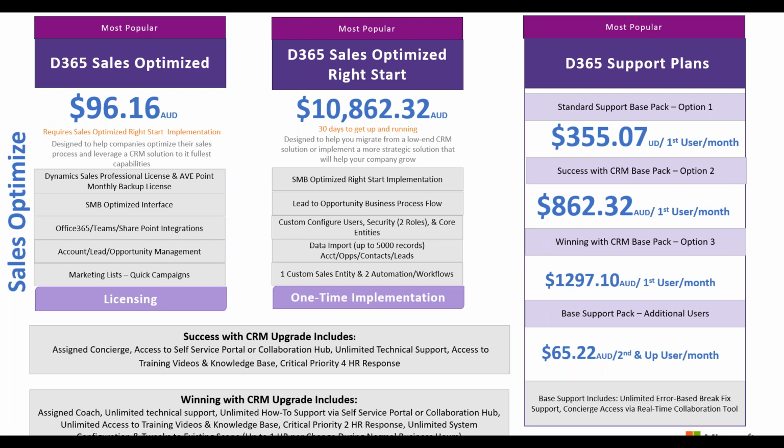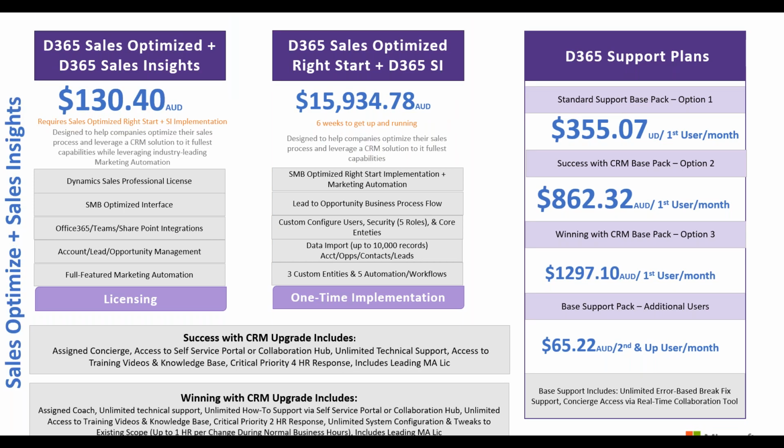Again, the one-time implementation fee is $10,862 and 32 cents. That's the pricing under Sales Optimize, and the support is $355.07 for the first user, and then it goes on from option 1 to options 2 and 3.